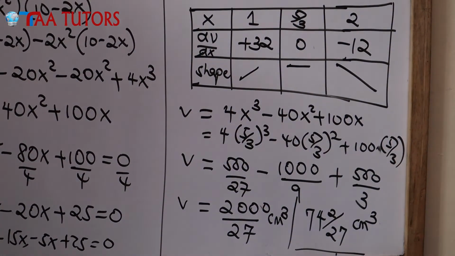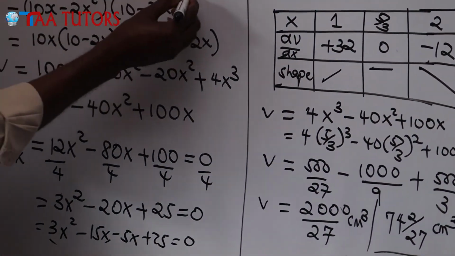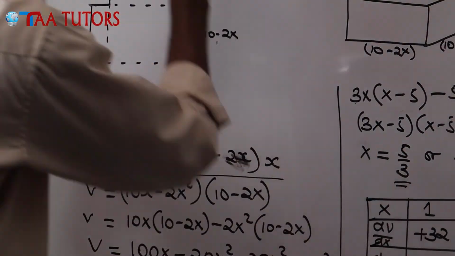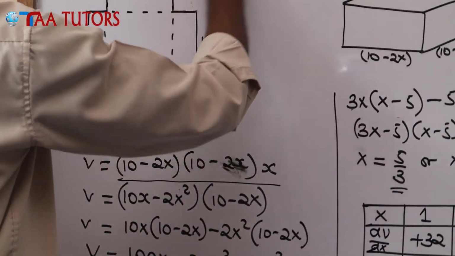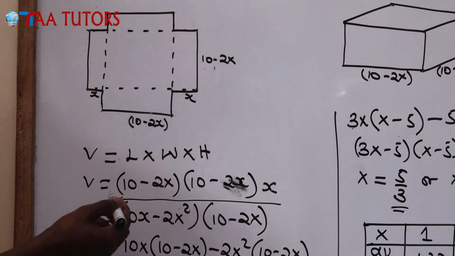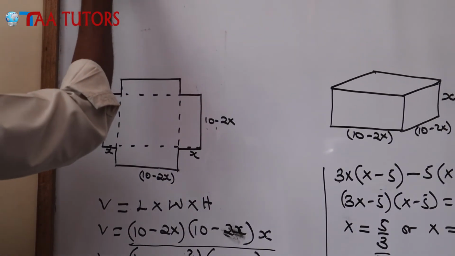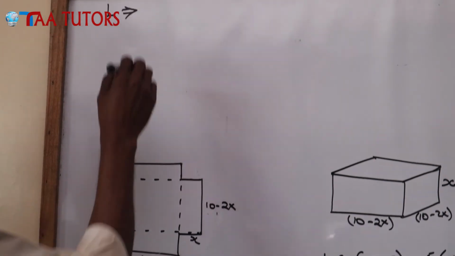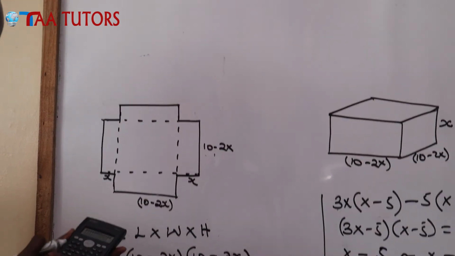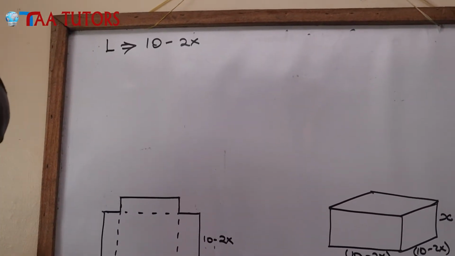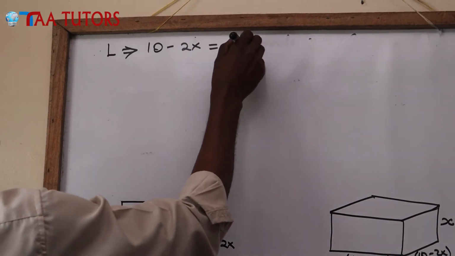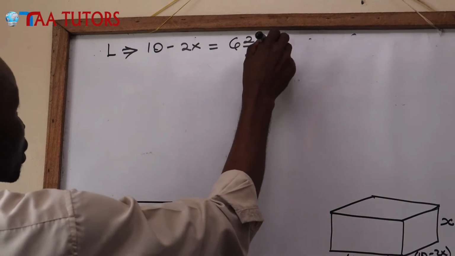The dimensions are much easier because the dimensions are here. So what we are supposed to do with these dimensions that will give us maximum volume is to just substitute them. We know first the length, it will be 10 minus 2x, and 10 minus 2 into 5 over 3 gives me 6 and 2 over 3 centimeters.